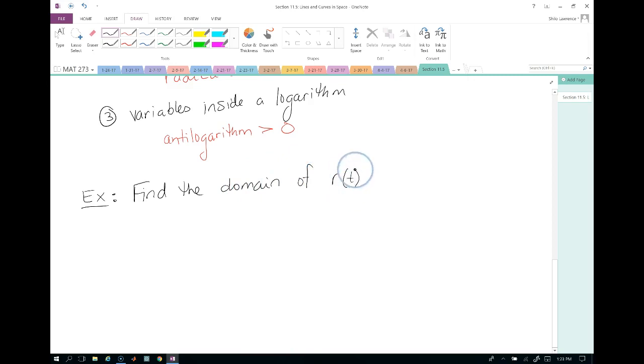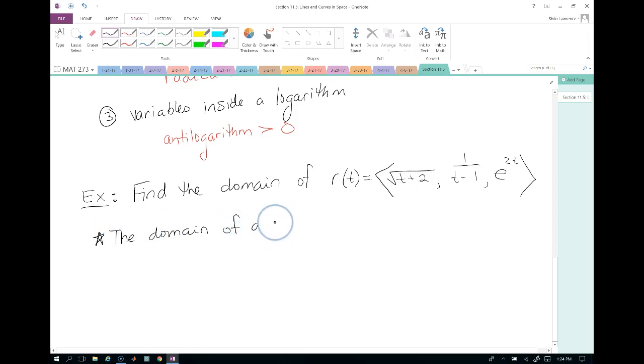So our vector-valued function is r of t equals square root of t plus 2, 1 over t minus 1, e to the 2t. The domain of a vector valued function is the intersection of the domains of each of our component functions.